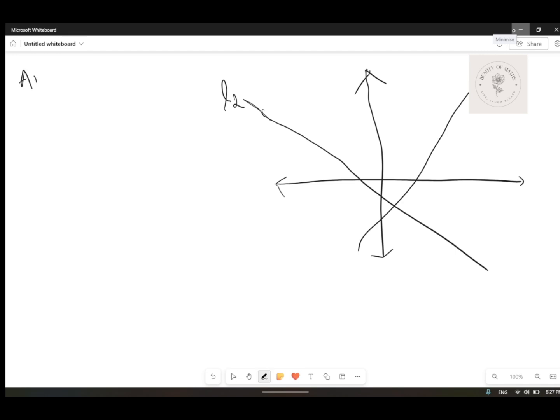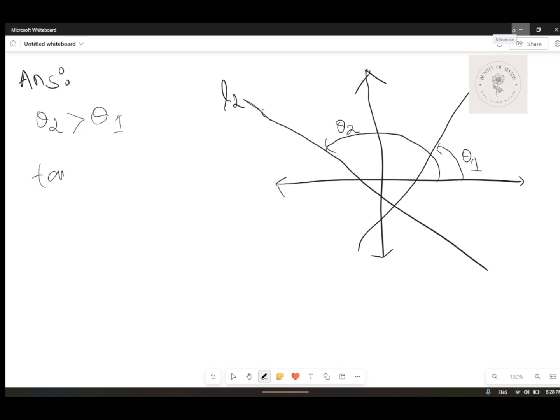And the answer is, okay, let's just go through the basics. Let's calculate the angle. This is theta 1. And let's go to another angle. And this guy is theta 2. So through logic, theta 2 greater than theta 1.